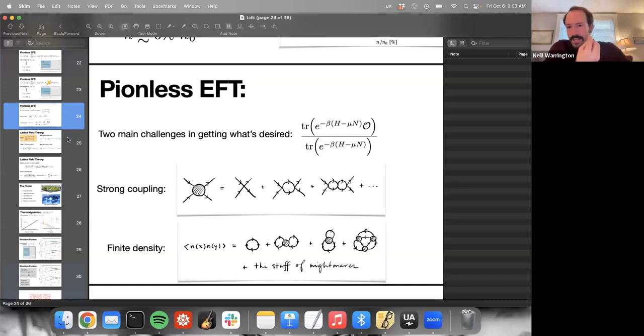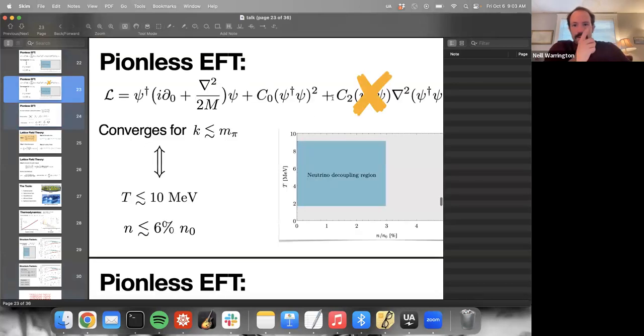A consistent power counting scheme involves perturbative insertions of the next leading order operator while doing the fully resummed C0. It's an annoying technicality of low energy nuclear physics. However, if you do that procedure, you find that the theory remains renormalizable, and that the next to leading order insertions are, say, a 10% effect.